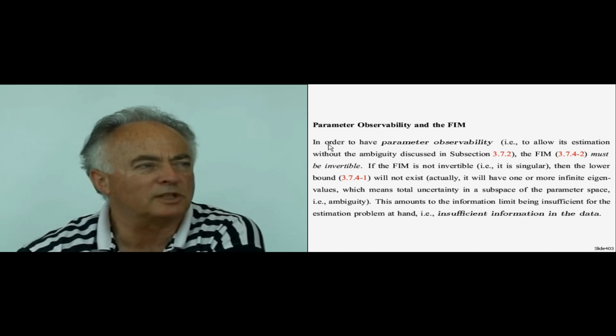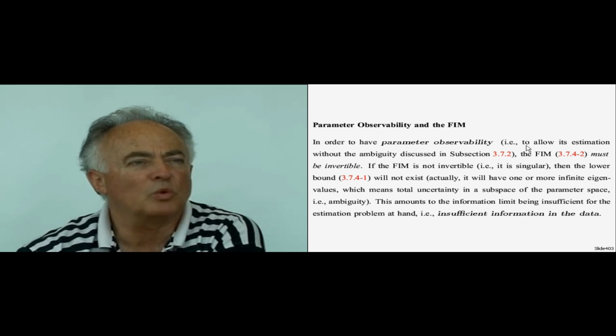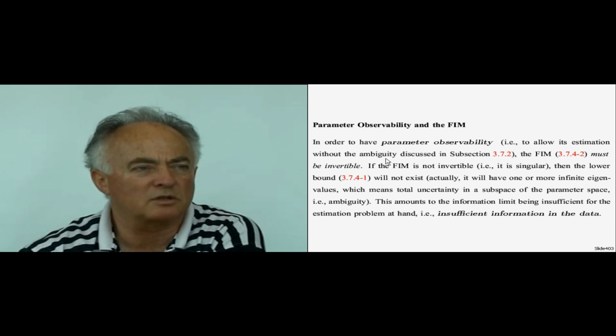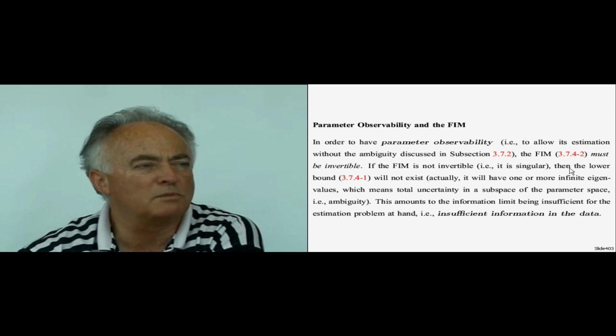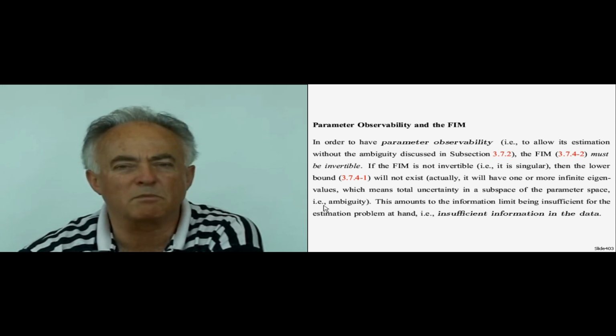So, to summarize it, in order to have parameter observability, i.e. to allow its estimation without any ambiguity, as discussed before, the Fisher information matrix must be invertible. If it's not invertible, it is singular, then the lower bound does not exist. It will have one or more infinite eigenvalues, which means total uncertainty in a subspace of the parameter space. In other words, ambiguity.